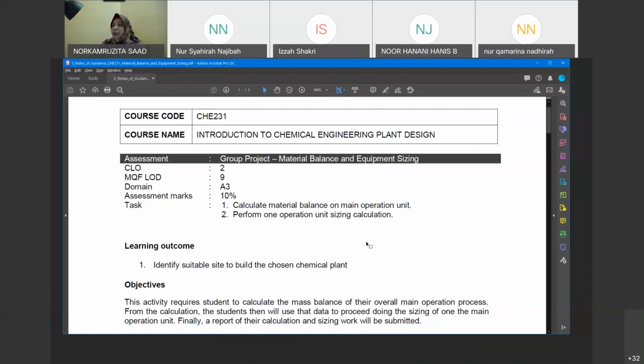The equipment we have chosen is the one that you drew for the P and ID diagram. If you find that you have chosen the wrong one, you can always consult with me first before you change your selection of equipment.